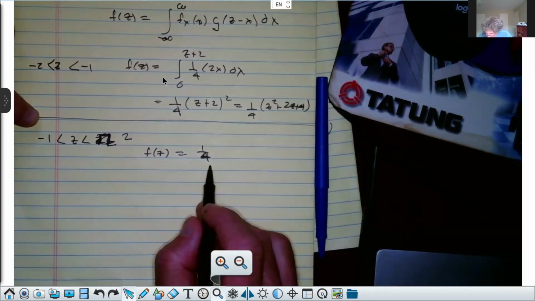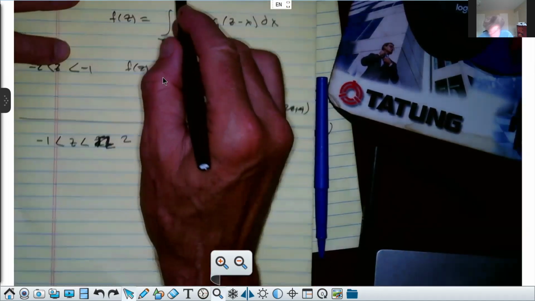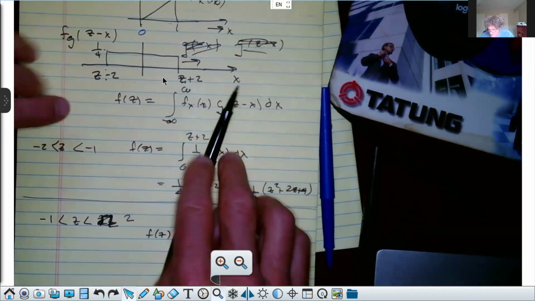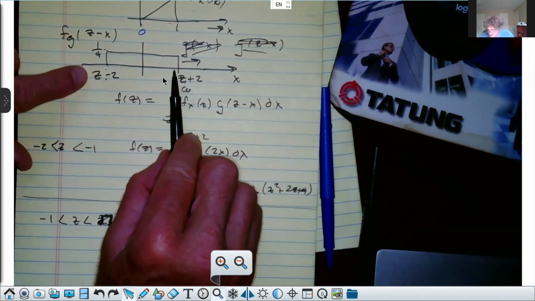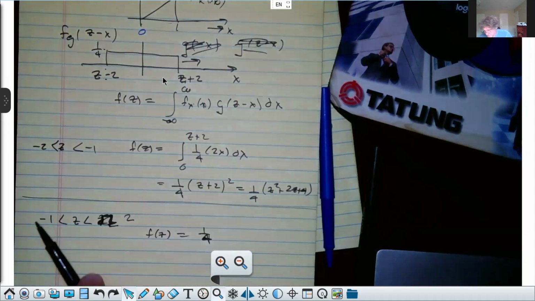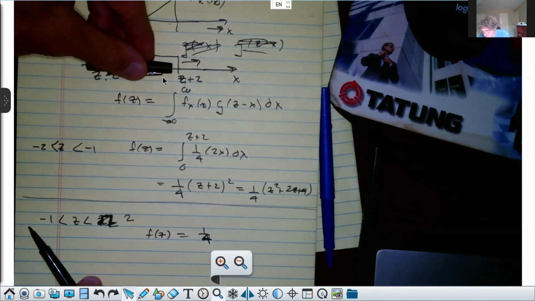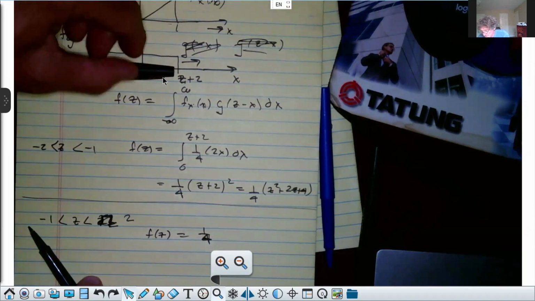So you're moving the f of g. This window right here is moving that way, right? When z is -2, it's just here. Now, when z is -1, the entire triangle above is in the area of the integration.